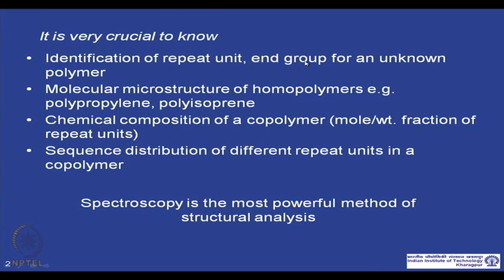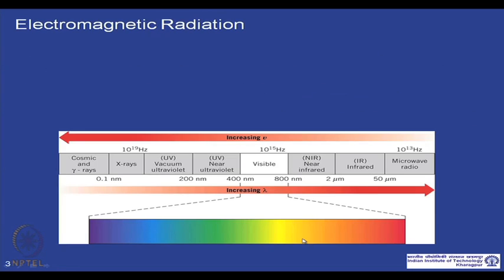We need to find out the end group of that polymer, and the molecular microstructure in terms of homopolymer, for example the tacticity, whether it is syndiotactic, atactic or isotactic, and then the chemical composition of a copolymer, the mole fraction of the repeat unit, and the sequence of the different repeat units in a copolymer. And spectroscopy is the most powerful method which we can utilize to get the structural analysis done.